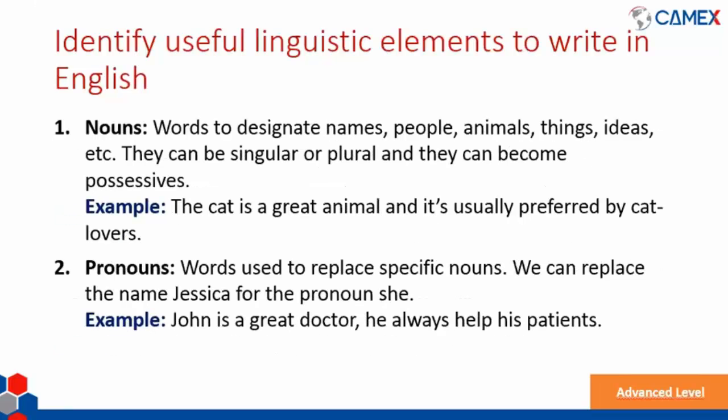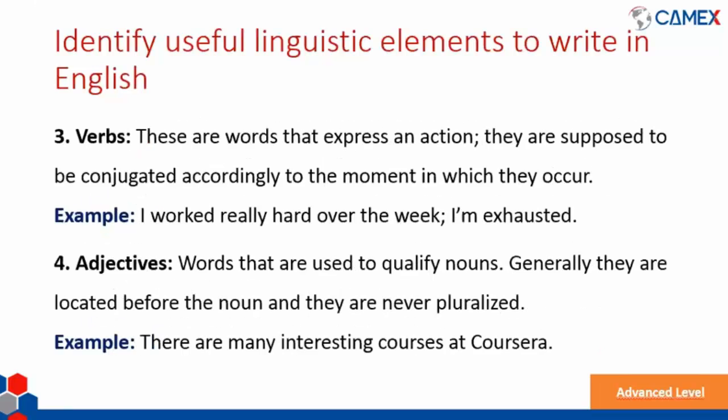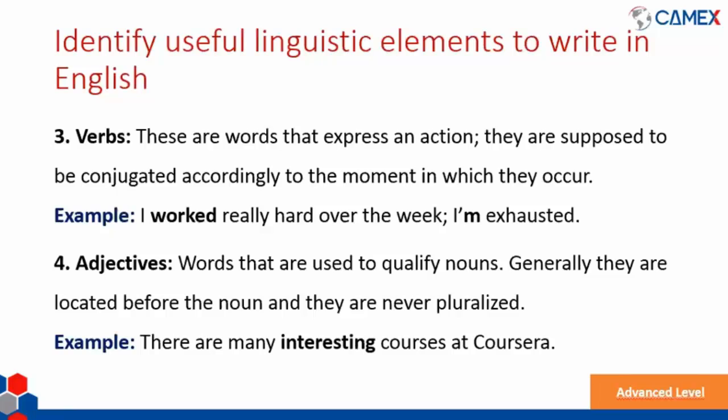In this case, I work really hard over the week, okay? And work was the verb, and I am exhausted. You have two verbs in one sentence, okay? It's work and am. And there you see the contraction because I'm exhausted.